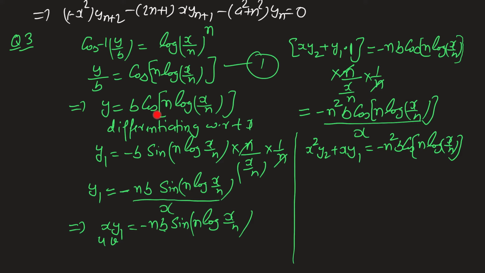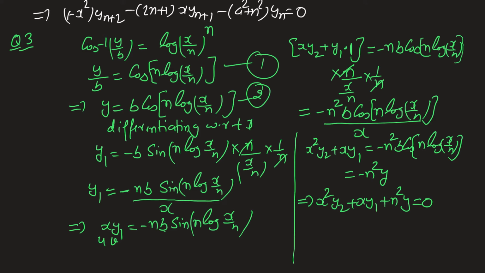Now from this equation, say equation number 2, this thing b cos (n log (x by n)) is nothing but y. This is equal to minus n square y. This implies that x square y2 plus x y1 plus n square y equal to 0.